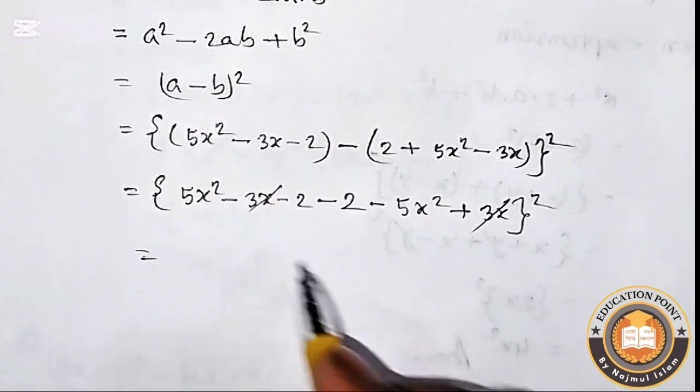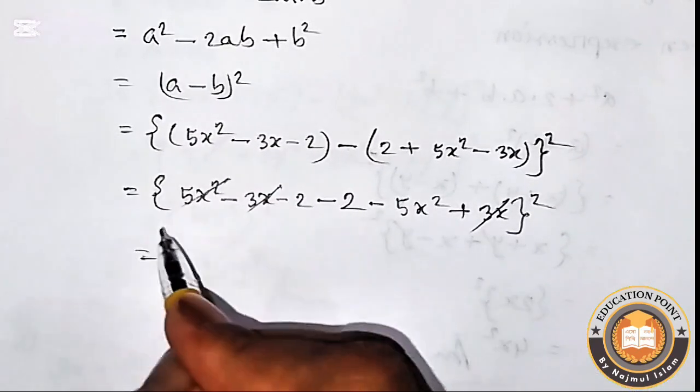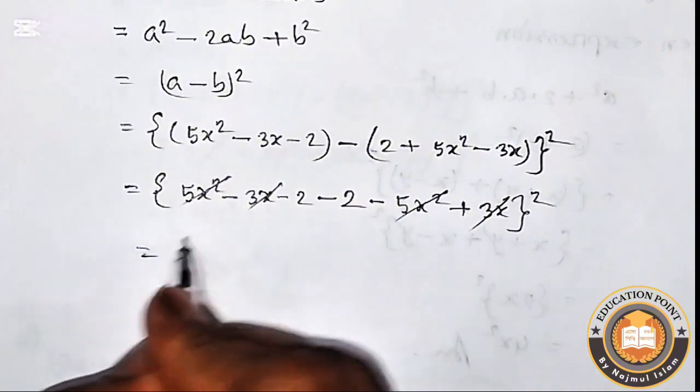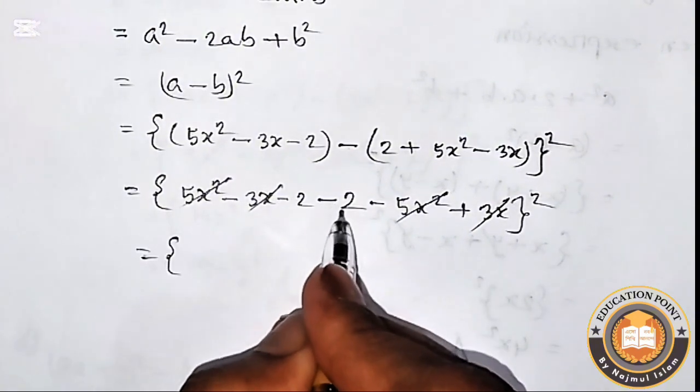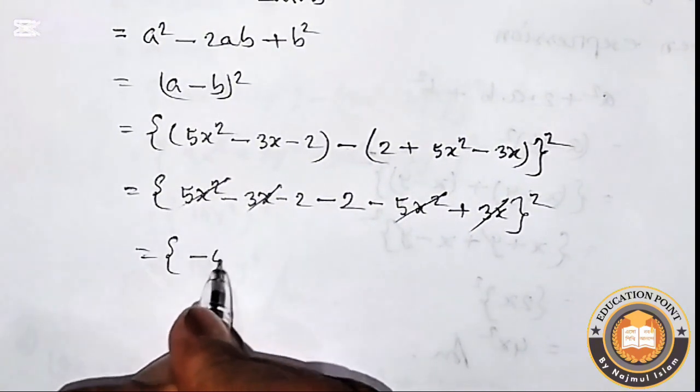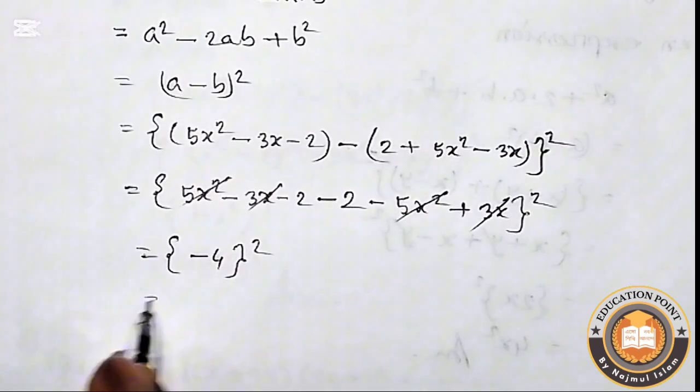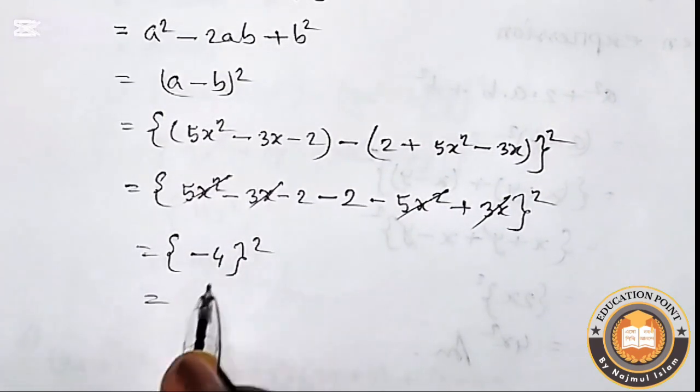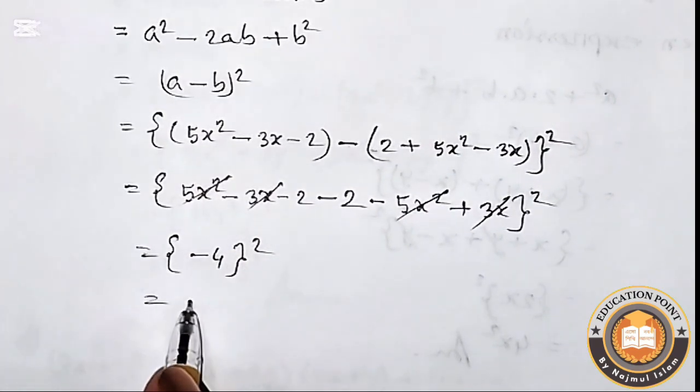Plus 3x minus 3x equals 0, plus 5x square minus 5x square equals 0. Added value of minus 2 and minus 2 equal minus 4 whole square. Square of minus 4 is 16.